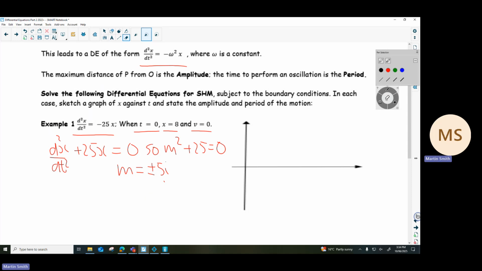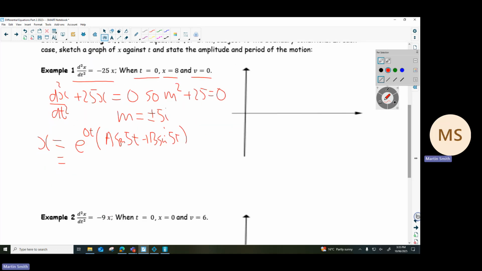So therefore, the general solution of this differential equation is x is equal to e to the pt, which is e to the 0 times t, into a cos qt, a cos 5t, plus b sine 5t. But wait a minute, e to the 0 is always 1, so therefore that's just x equals a cos 5t plus b sine 5t. That's the general solution.